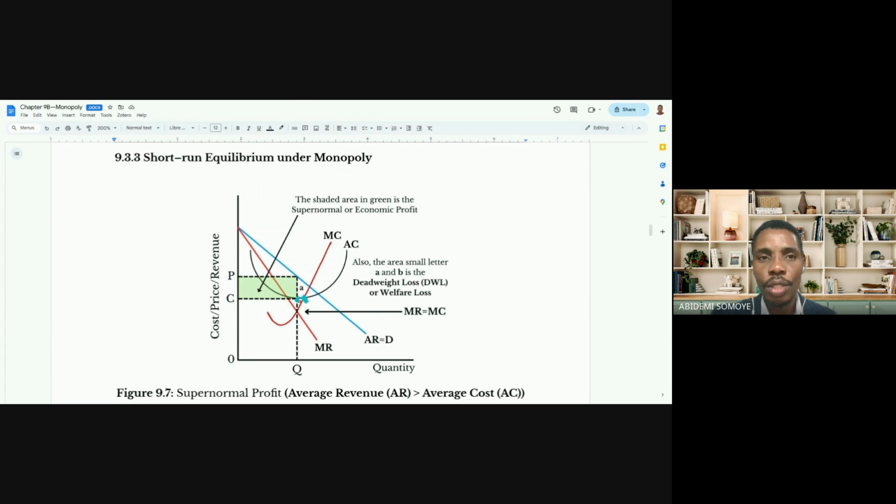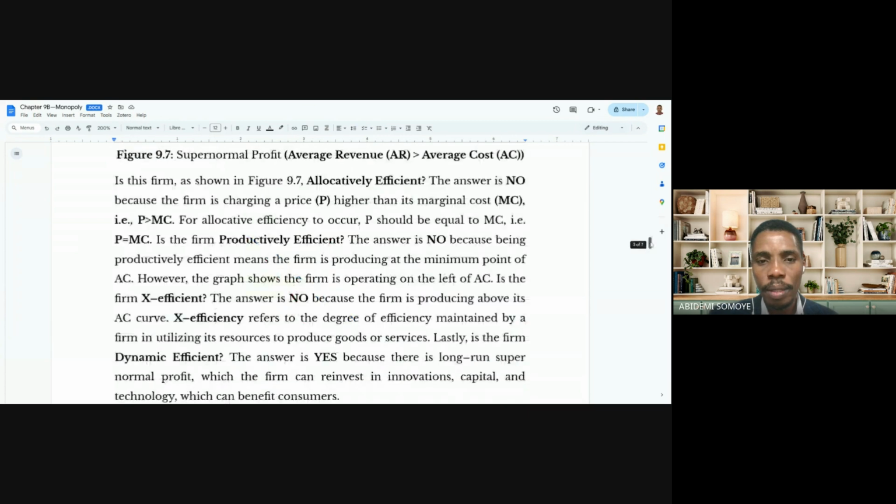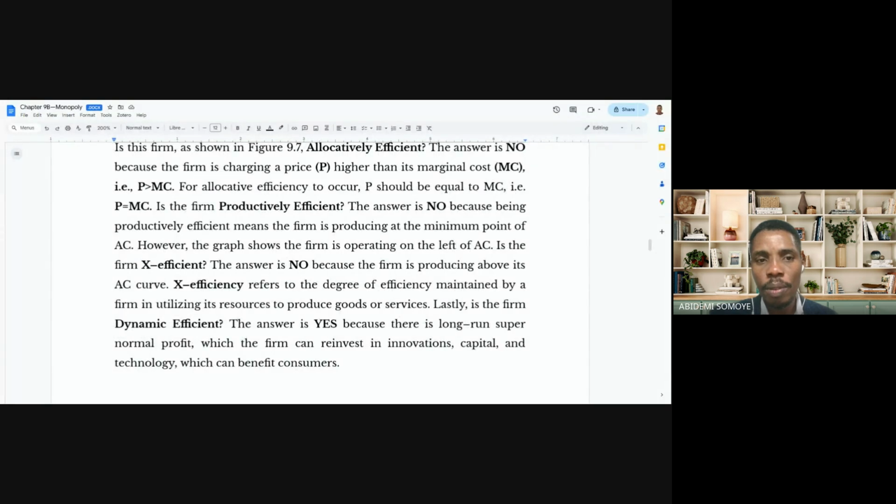The answer is no. They are not productively efficient because rather than producing at the minimum point of the ATC, they are producing to the left of the minimum point. Okay, and I stated that here. I said the answer is no because productively efficient means the firm is producing at the minimum point of the AC. However, the graph shows the firm is operating on the left of AC.